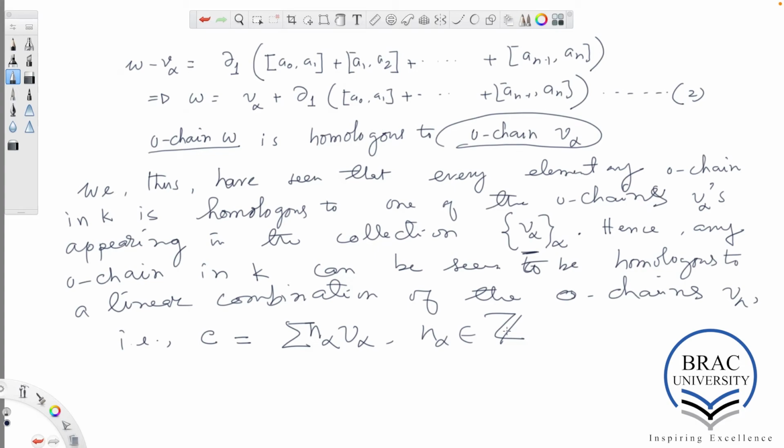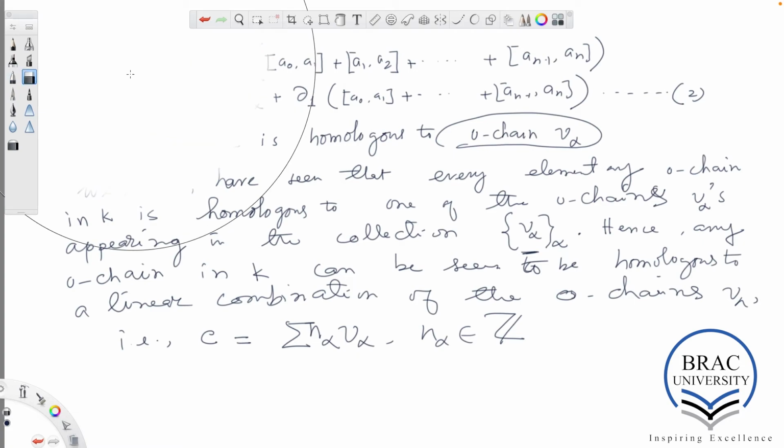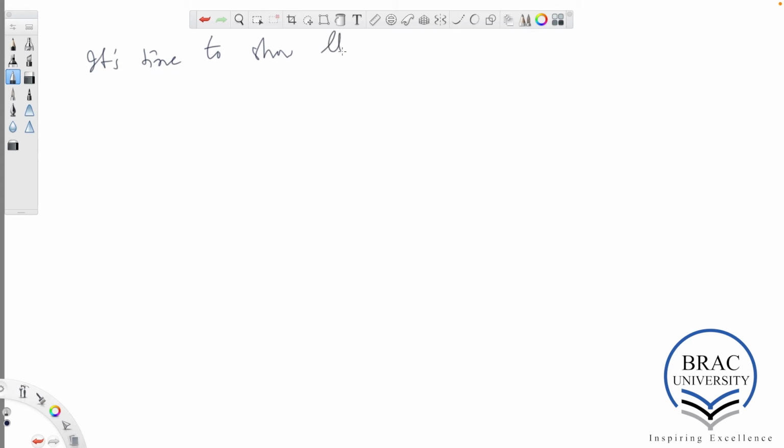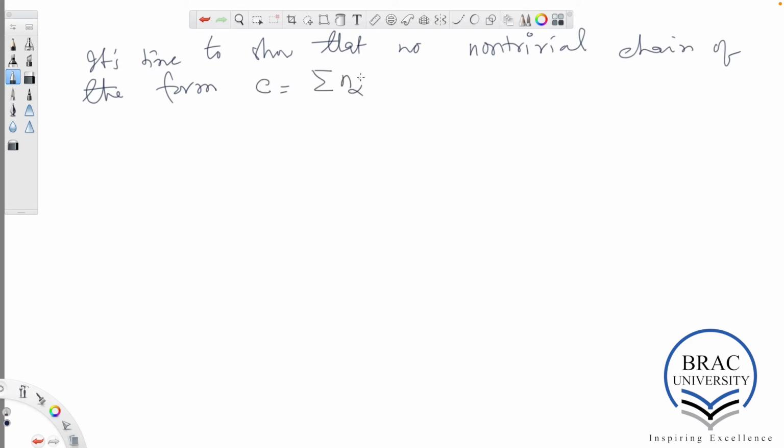Okay, good. So now it's time to show that no non-trivial chain of the form that we have just written, C is equal to the sum of N alpha V alpha, bounds.